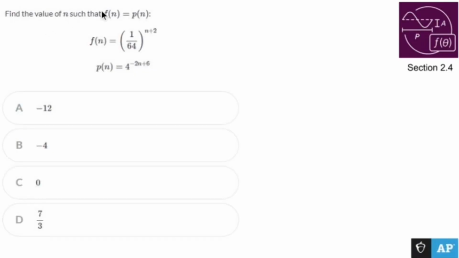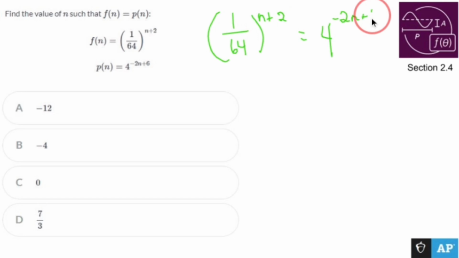Find the value of n such that f of n equals p of n. Well, let's set this up. 1 over 64 to the n plus 2 has to equal 4 to the negative 2n plus 6.